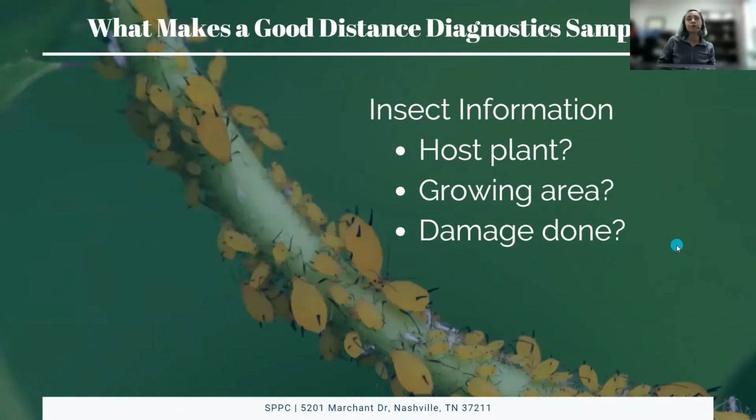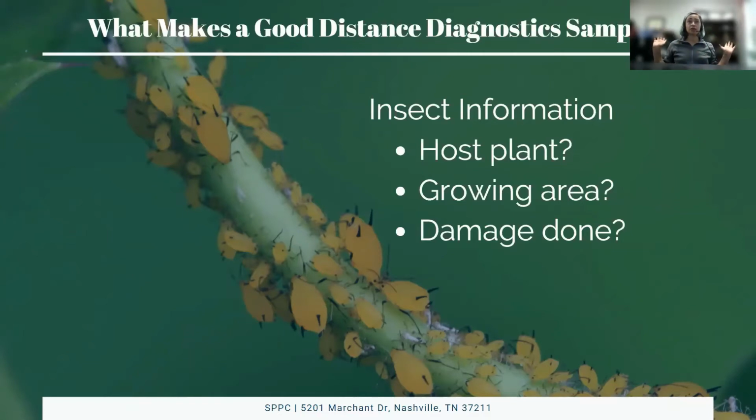Other important information that you can submit when uploading an image for diagnostics are things like, what is the host plant? Sometimes with just a picture really close up of bark, I'm not going to be able to identify what plant I'm looking at.